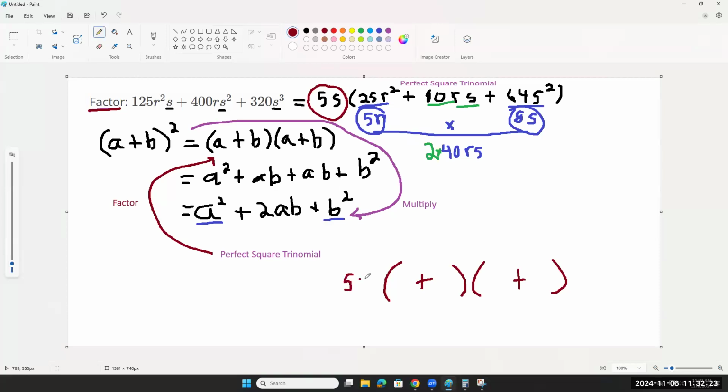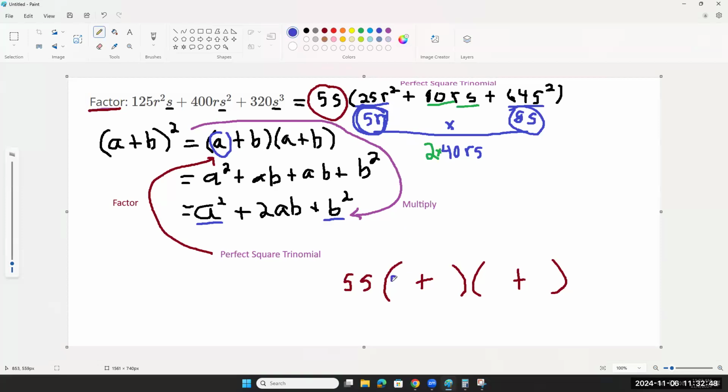And I'm going to put the 5S over here. Now, notice here we have the A. That A, this A, is like this 5R.